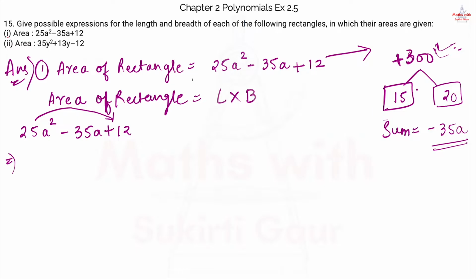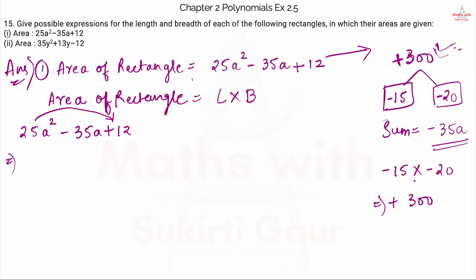So for plus 300, I would give both of them a negative sign, because you all know that if I multiply minus 15 with minus 20, then only I'll be getting plus 300. Yes, because minus into minus will give us plus.